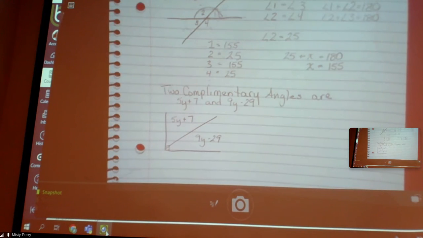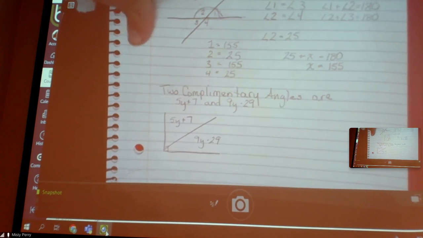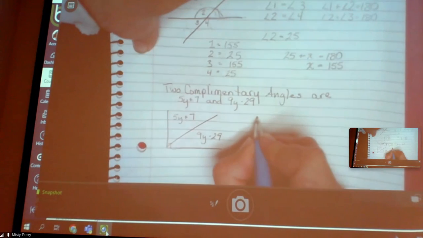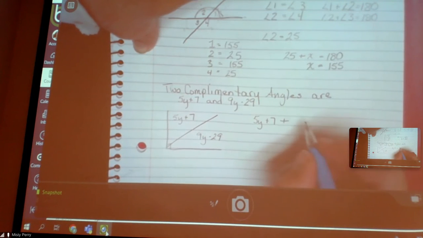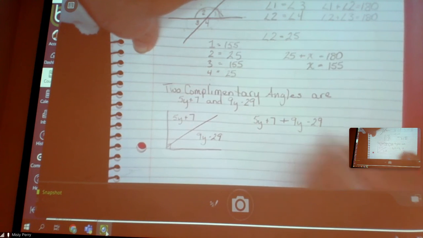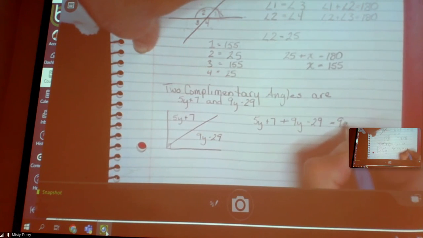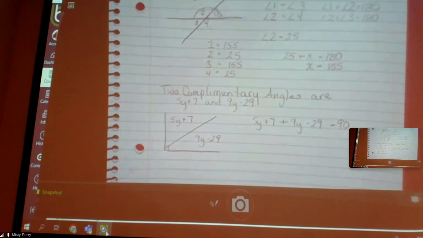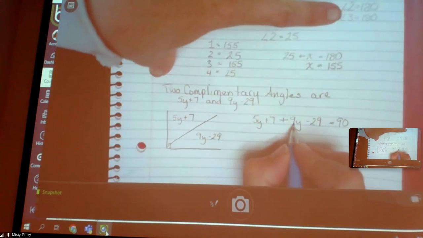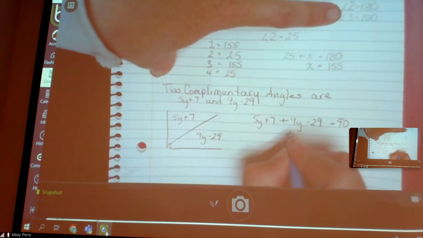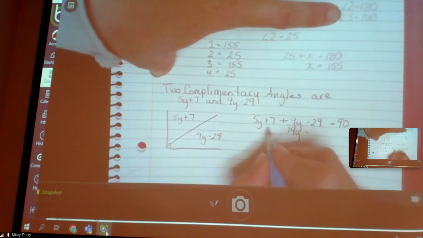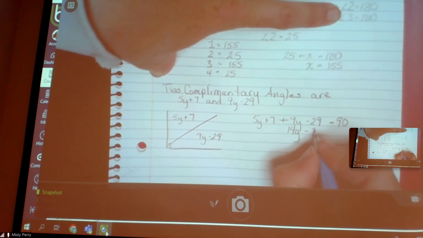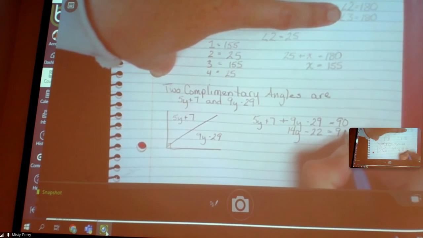Now, what I know about complementary angles is they will add to 90. 5y plus 7 plus 9y minus 29 is going to equal 90. Combine like terms. 14y minus 22 equals 90.